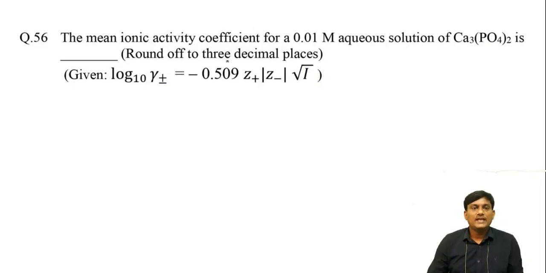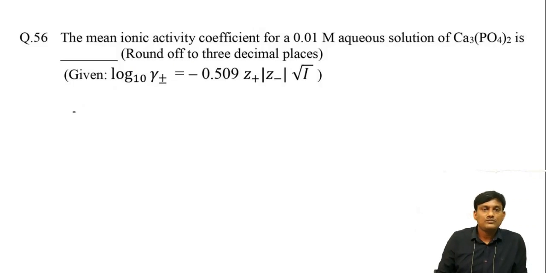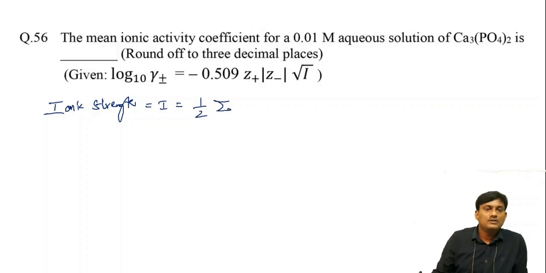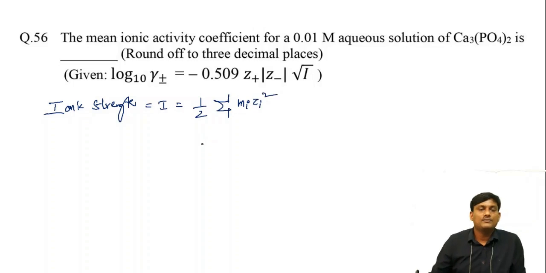The mean ionic activity coefficient for a 0.01 molar aqueous solution of Ca3(PO4)2 is, okay, this is the equation. Here you have to find out the ionic strength I, which is equal to 1 by 2 sigma mi Zi square.